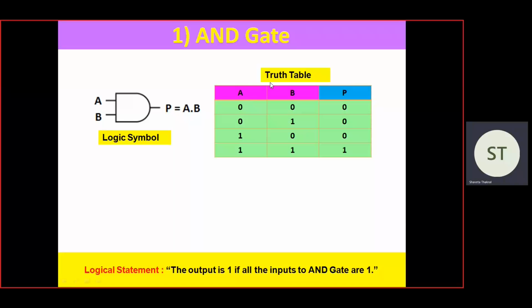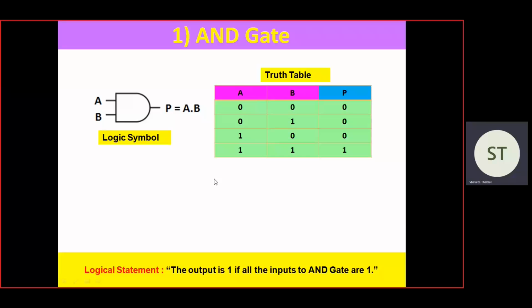And here we can see the truth table of the AND gate. The truth table describes the various combinations of input and the corresponding output based on the applied logic given by the Boolean expression. We have two inputs here, A and B. In binary, if there are two inputs, there will be four combinations.